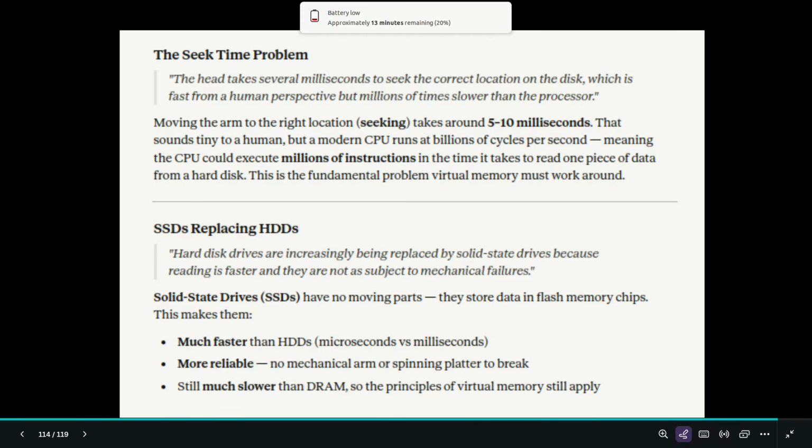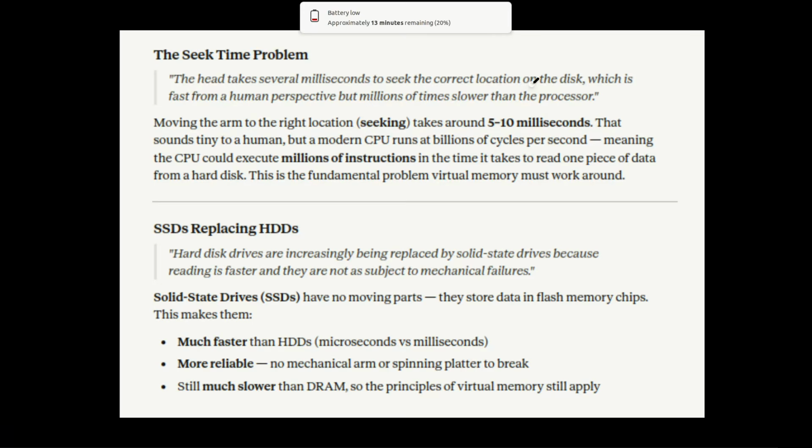What is seek time? Seek time is the time the head takes, several milliseconds, to seek the correct location on the disk, which is fast from the human perspective but millions of times slower than the processor.